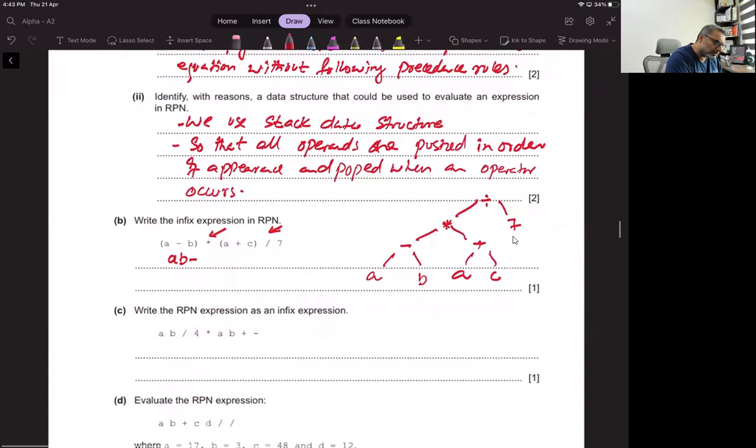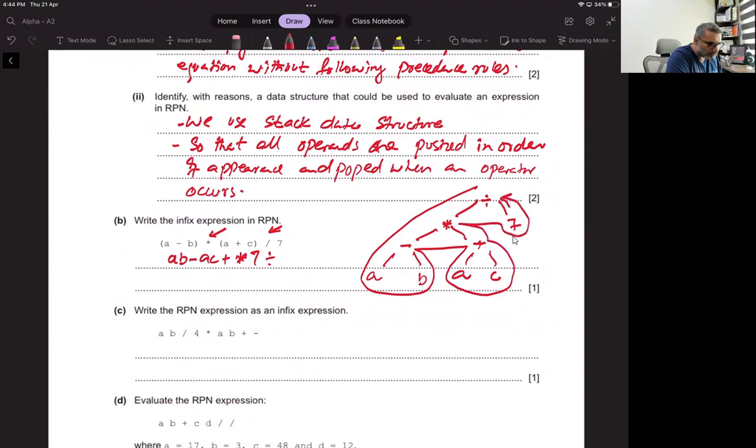So you may write AB minus AC plus asterisk 7 and then divide. So we will go all the way towards the end, then left, right, root, then left, right, root, then right, and then root. We can solve it this way.